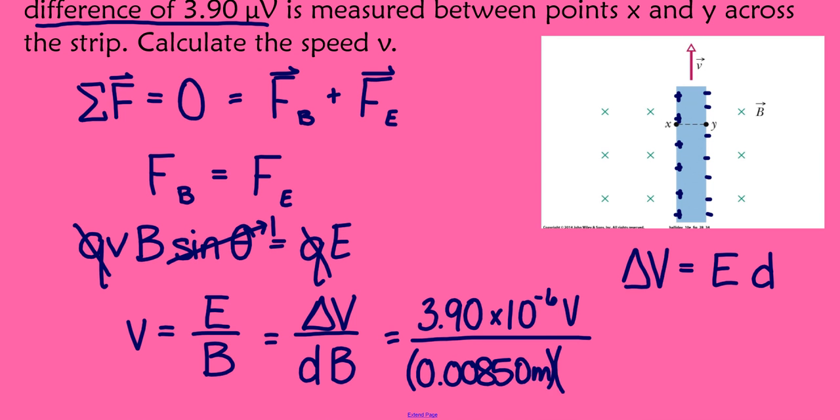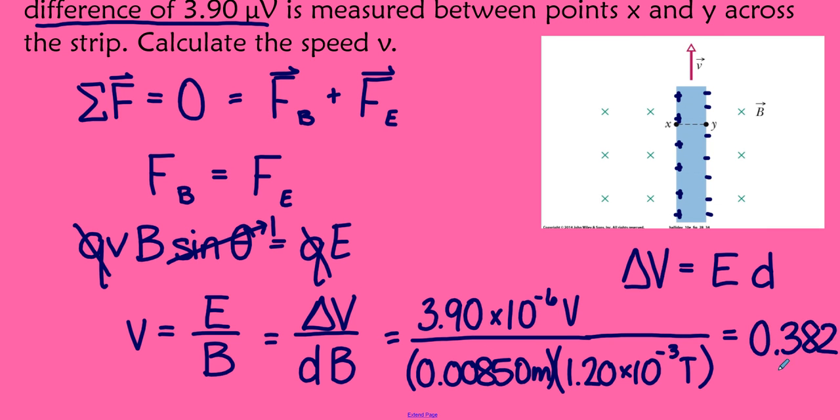And then I multiply that by the magnetic field, which it tells me is 1.20 millitesla, or 1.20 times 10 to the negative third teslas. I plug that all in my calculator, and I find that this object is moving with a speed of 0.382 meters per second. Again, even though really we are calculating the speed of the free electron, since that free electron is in my conductor, that is also the speed of the conductor.